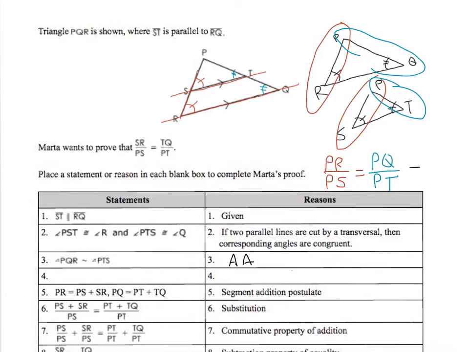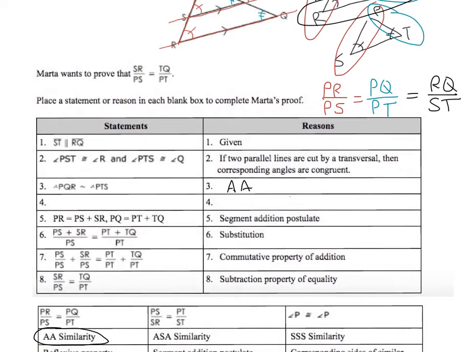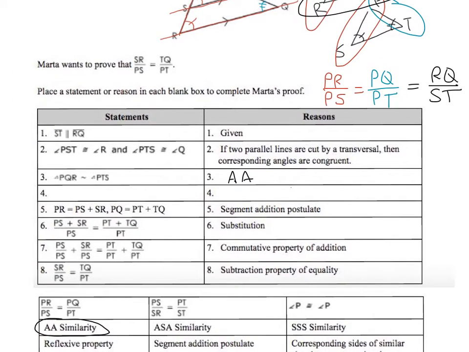And then I could also say that RQ, which is the bottom, is proportional to ST. So all these are the same. All these are true. If I look down at my reasons, I don't see a lot of those, but what I do see is this one right here, PR over PS equals PQ over PT. That's our first part. So that's the reason I would put there.